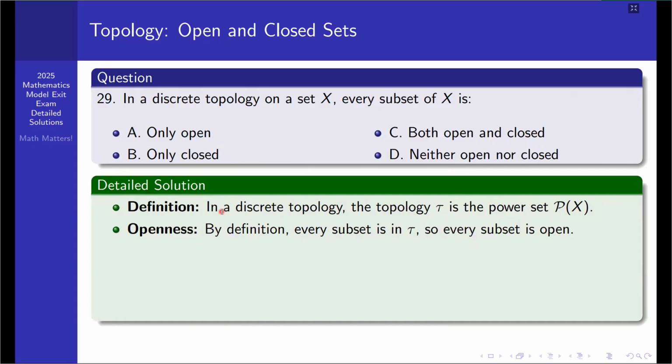That is, in a discrete topology, the topology tau is the power set of X, so that every subset is in tau and becomes an open set.